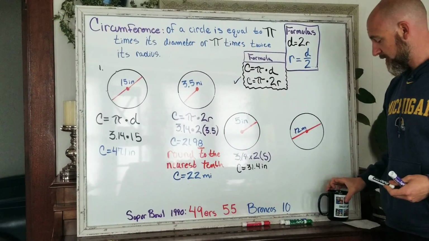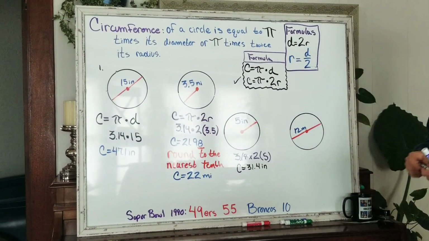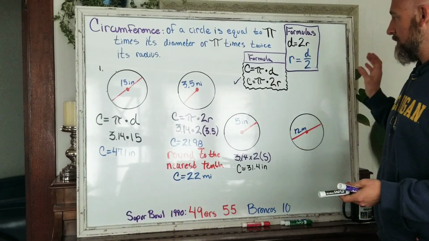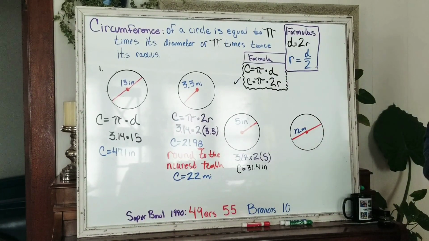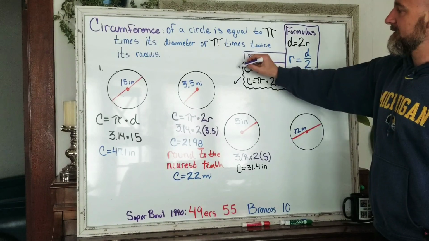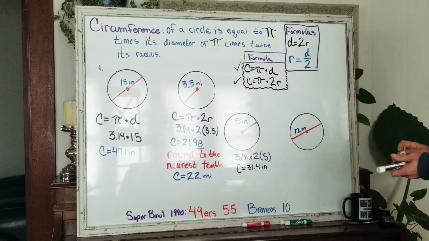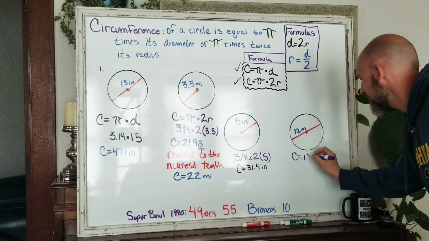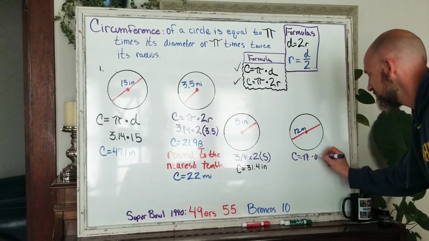These are fairly easy. Now we look, what formula are we going to use for this next example? We're given a diameter of 12 m. Okay, look up at the formulas. We're going to use C equals pi times d. So C equals pi times d.